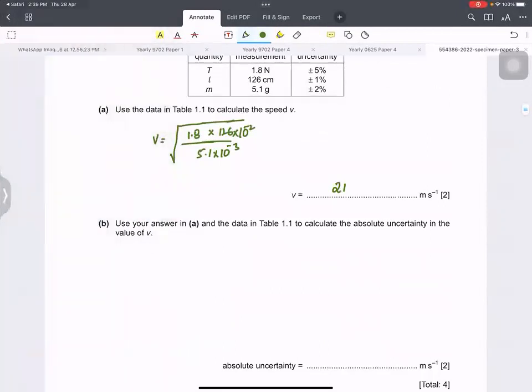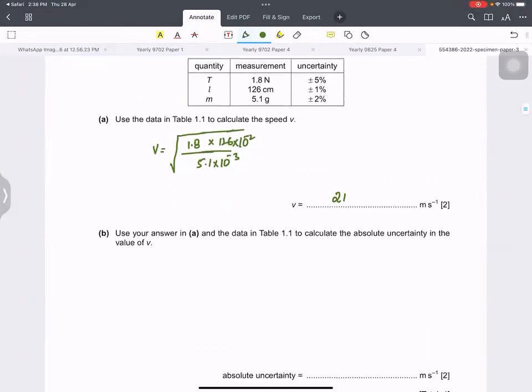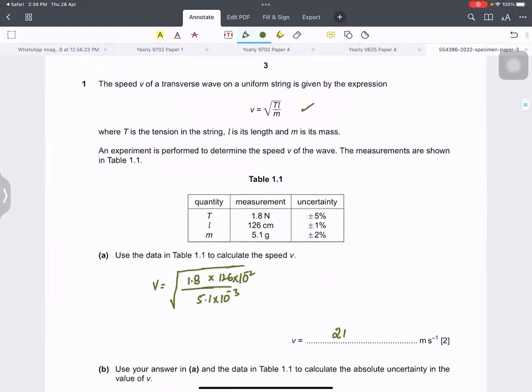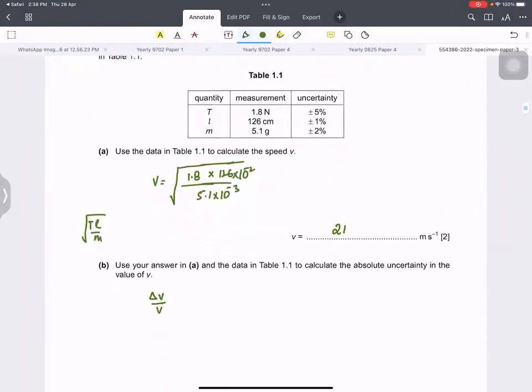Now, then it says use your answer in table, calculate the absolute uncertainty in V. Fine. Now, to find the absolute uncertainty, we need to do delta V over V, like this, right? Check the formula. Let me write the formula like this, so I know what's happening.